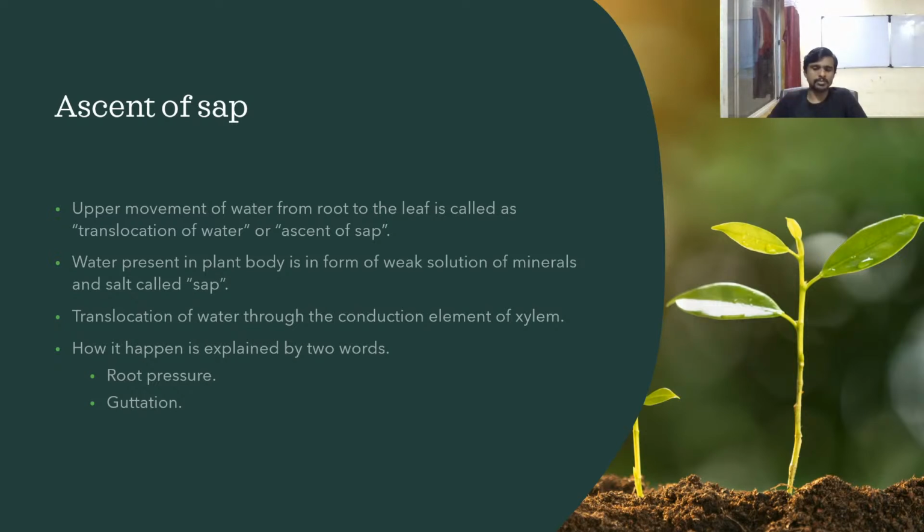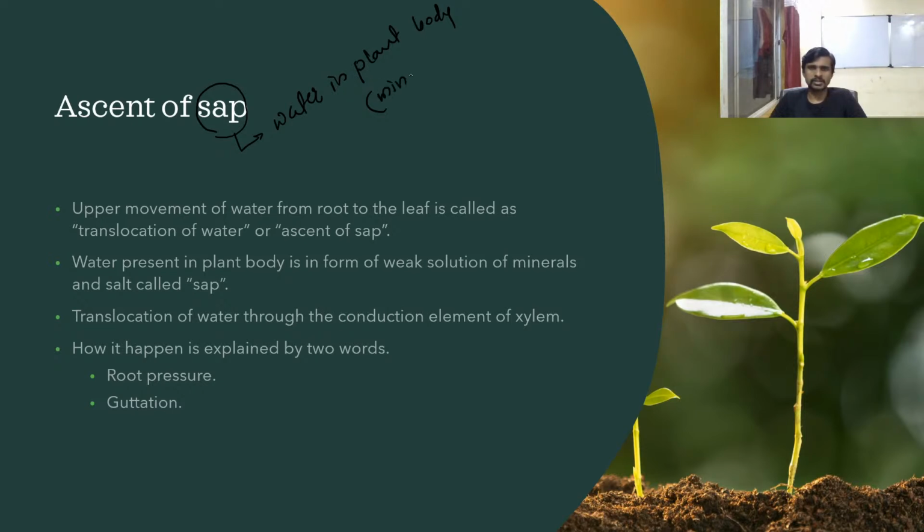It's ascent of sap. So what is meant by ascent of sap? First of all, let's see what is sap. Sap is a liquid or the water in a plant body. Water in a plant body is always in the form of water and minerals dissolved in the water.